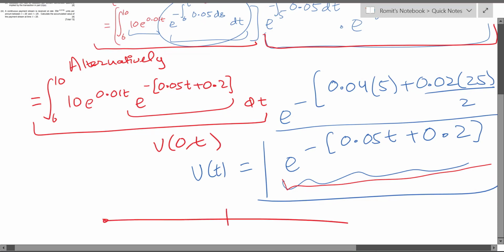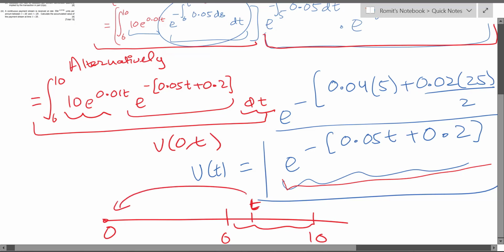It is directly taking this payment stream which is running from time 6 to 10, and we are taking this payment at arbitrary time t, which is this part 10 e to the power of 0.01 t dt, and then we are directly discounting this to time 0 because t is greater than equal to 5.